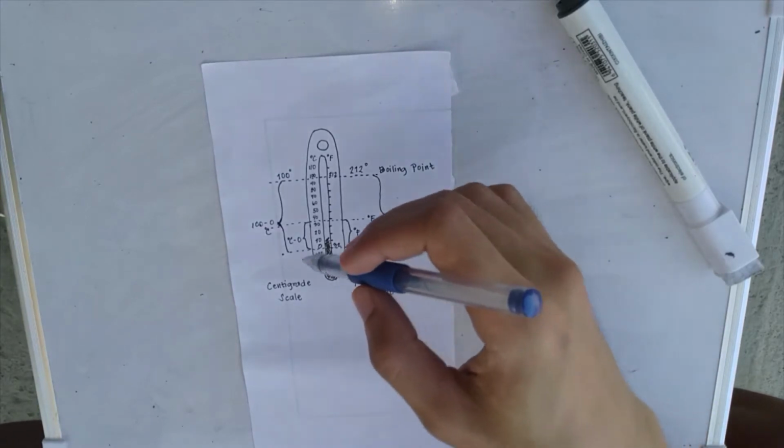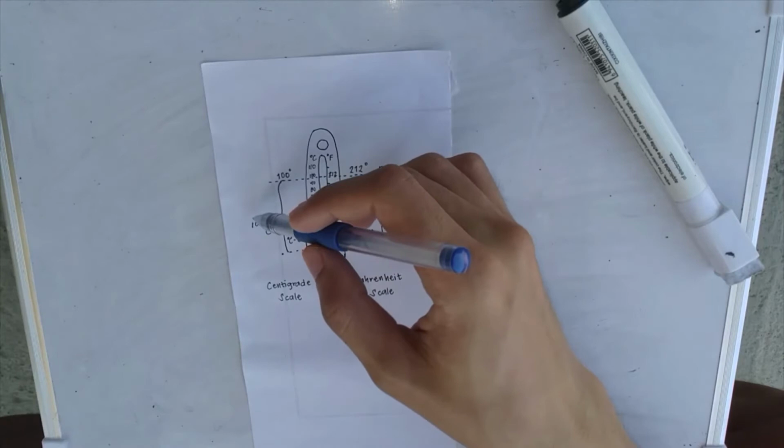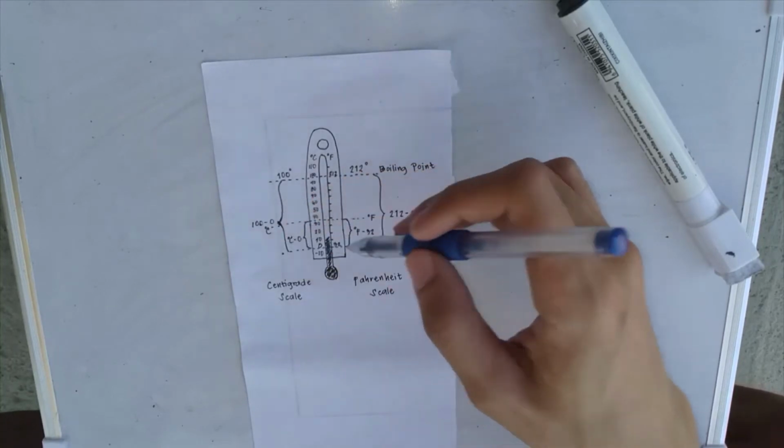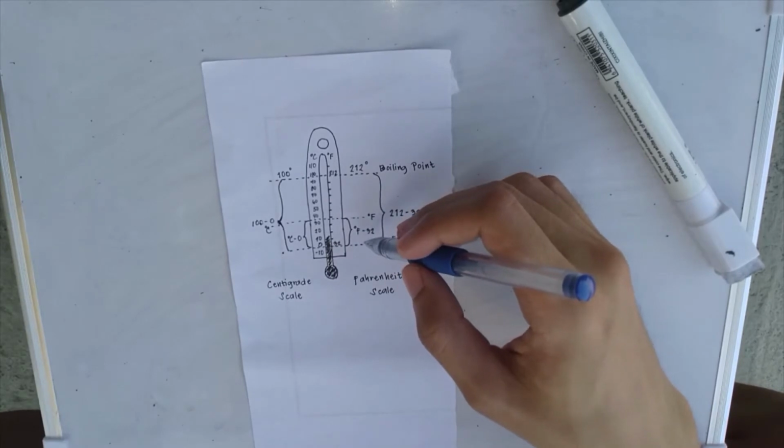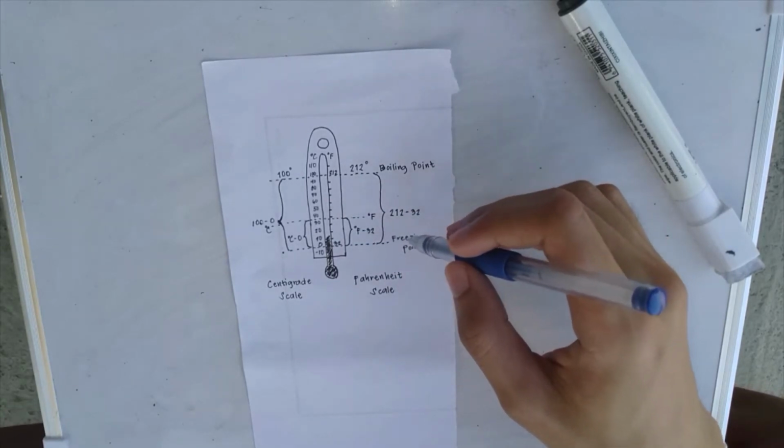Let's start here. Degree Celsius minus 0 over this one, 100 minus 0, equals degree Fahrenheit minus 32 over 212 minus 32.